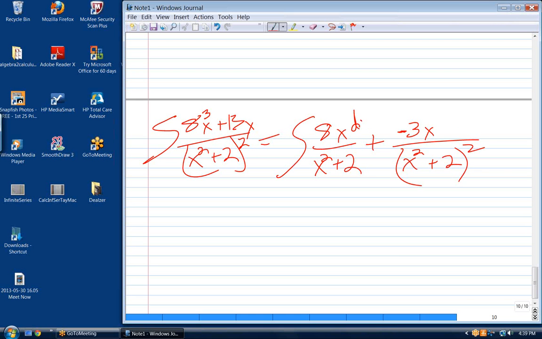So now I want to take those two integrals instead of the one, and the first one integrates nicely. What's this going to integrate to?